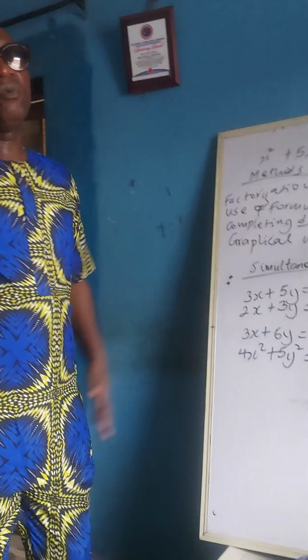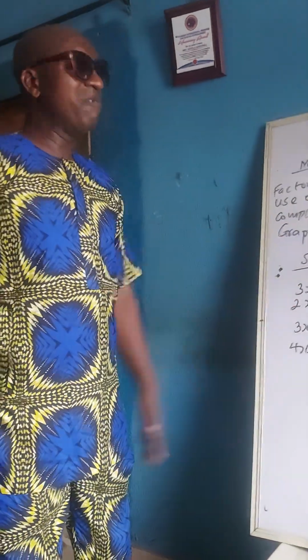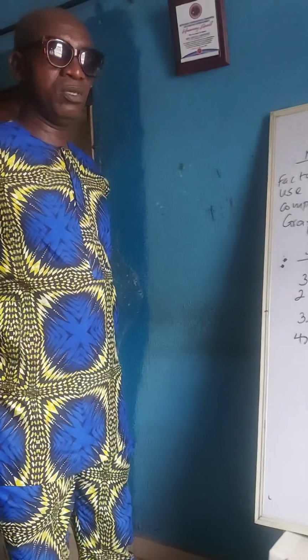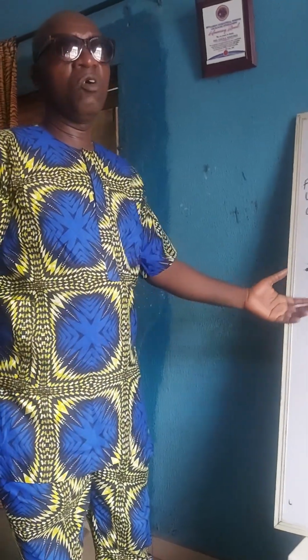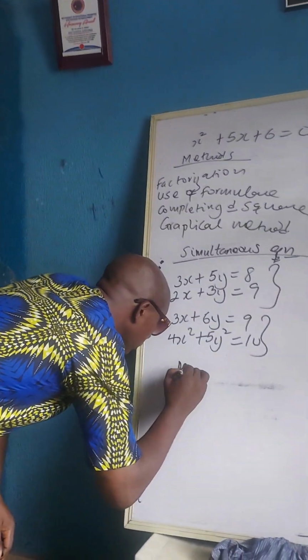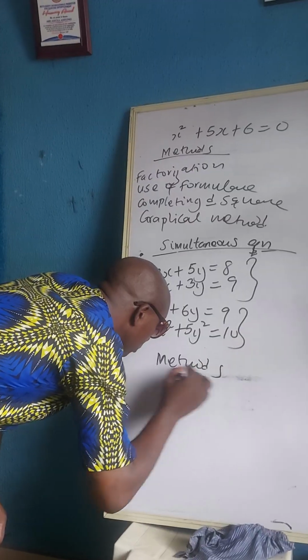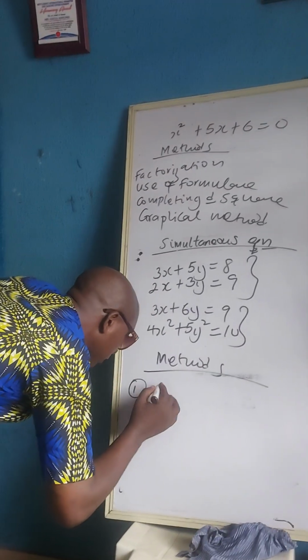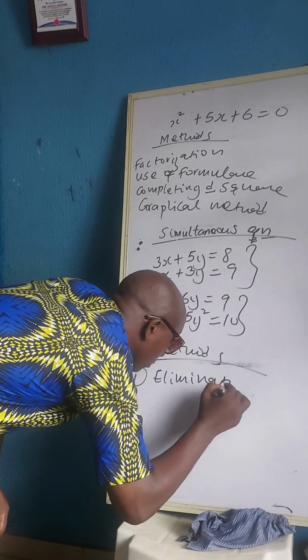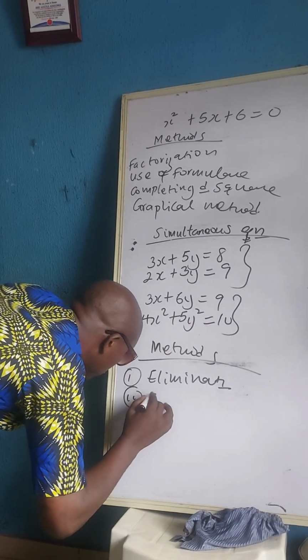They are very simple. Just substitute this. We have different methods that we use to solve simultaneous equation, with respect to your level. The first one, elimination method. The second one, substitution method.